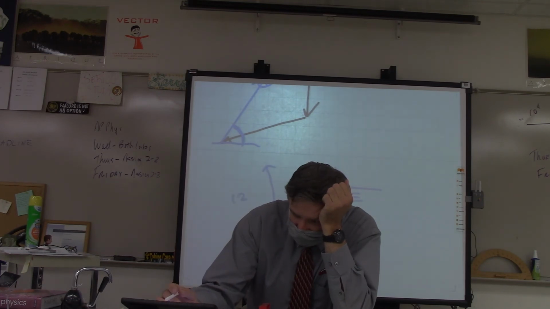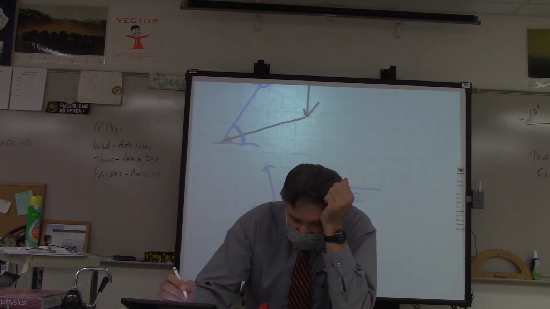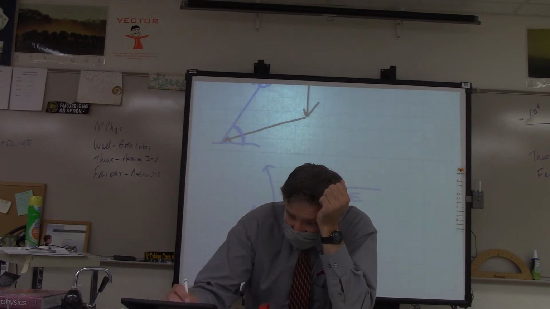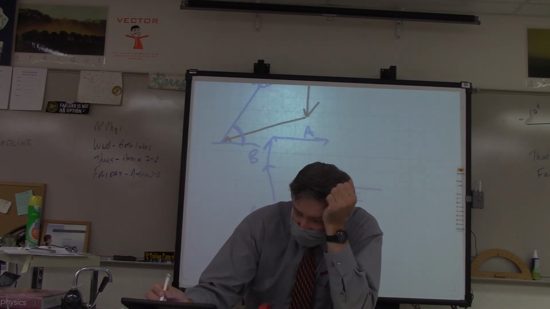So there's vector C, then vector B, then vector A. This is way out of proportion, but this is roughly what it's going to look like.